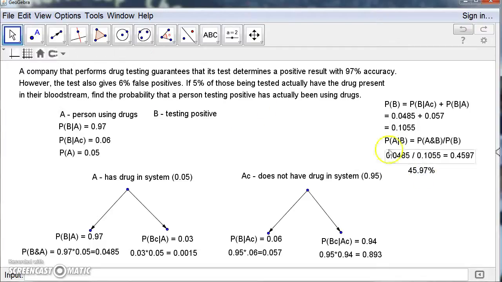Now, to look at it the other way, the probability that you don't have the drug in your system, if the test says you don't, is very, very good, right? So these tests are really good for analyzing not having it, not always so good at determining if you actually have it, right? Just kind of an interesting little problem.